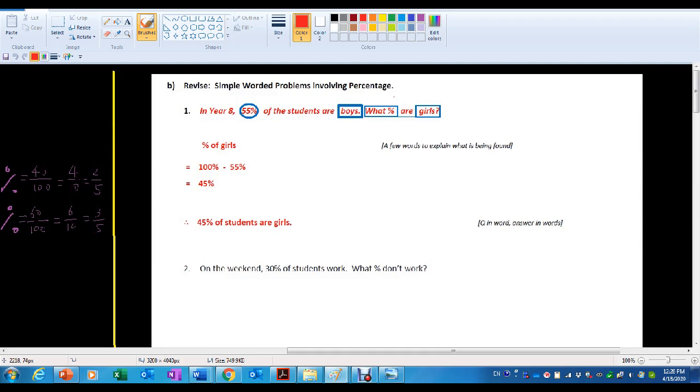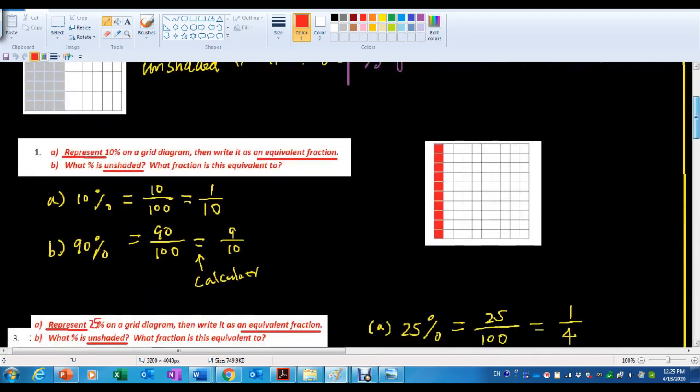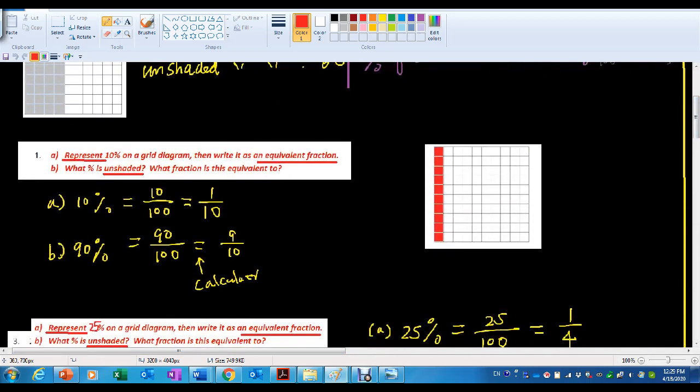Remember, 50% means 50 out of 100. So out of 100, how many girls are among the students? That's quite similar to the question we've done before here.